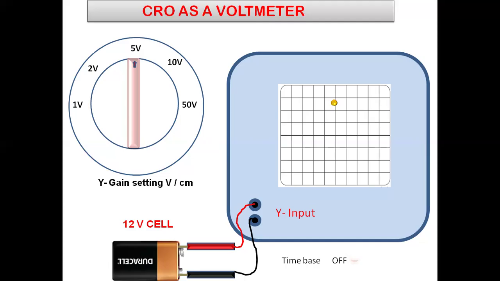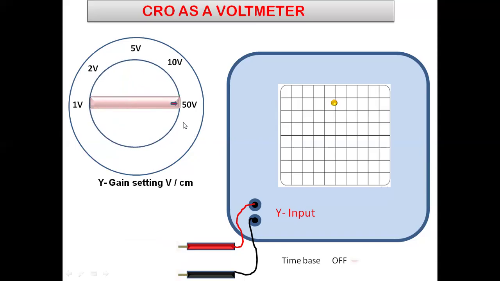For higher voltage, we have to change the Y gain setting to a higher value, like here. Suppose we want the voltage of the supply to which the Y input is connected, and the spot is appearing at the fourth block. So what will be the calculation?